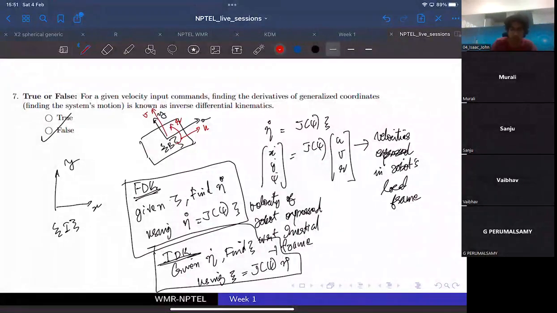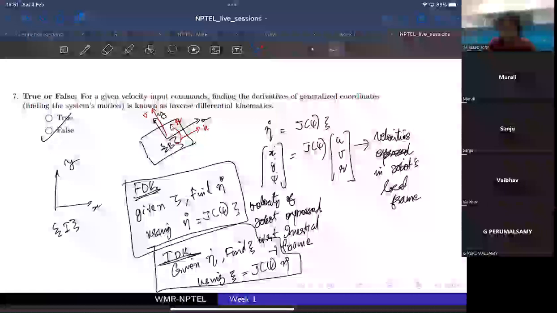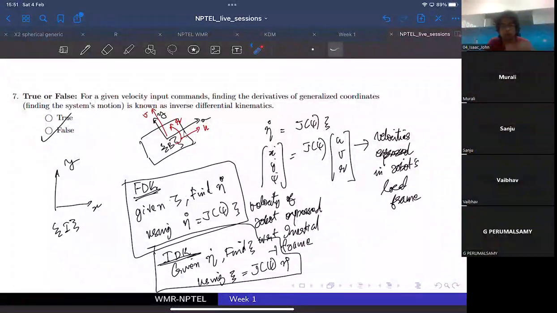U basically means the component along the local x-axis, and V means the velocity component along the local y-axis, and R is the angular velocity along the z-axis, that would be orthogonal to the plane.